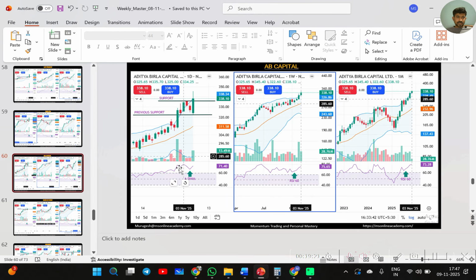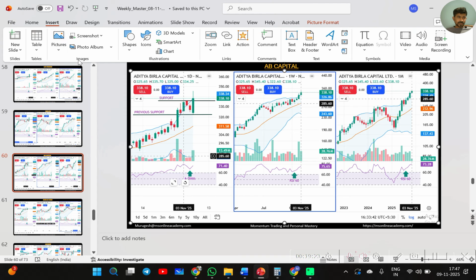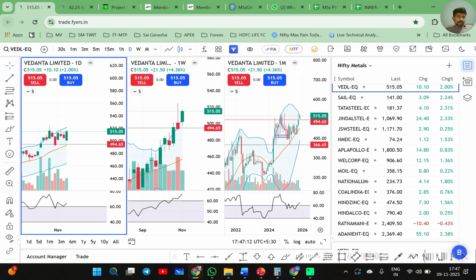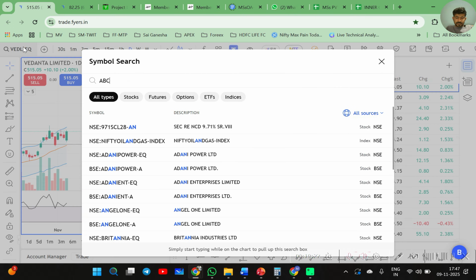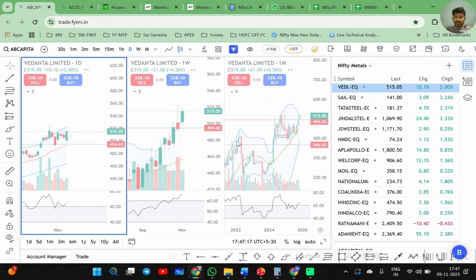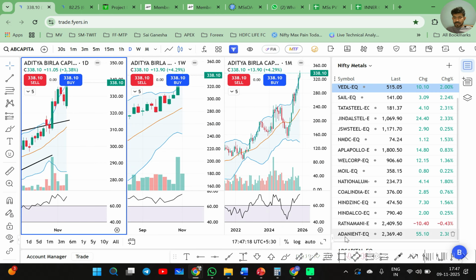Here you can see on this particular chart, let me go back to AB Capital. Okay, already we know that it is above 60 in the weekly and monthly.